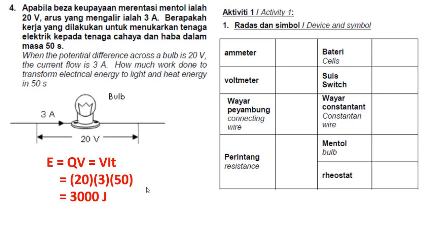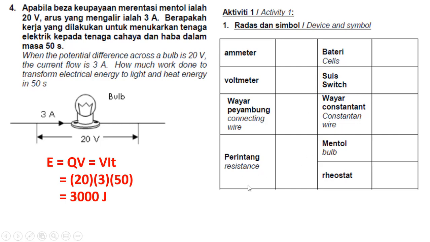Alright. Okay, now we move on. We are going to do one experiment in order to study the relationship between current and potential difference. So now we have two physics quantities, current and potential difference. The first thing we have to know is to set up a circuit, and we have to draw the symbol for the electrical device.